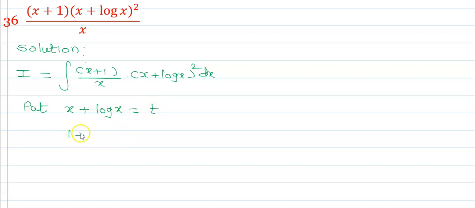Therefore the derivative of x is 1, and of log x is 1 upon x, into dx is equal to dt. If we simplify this, you will get (x plus 1) upon x into dx is equal to dt.